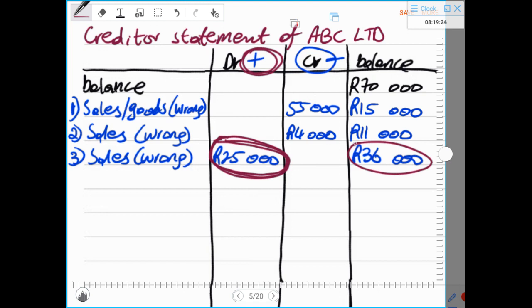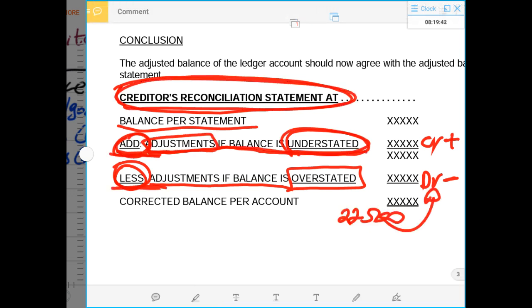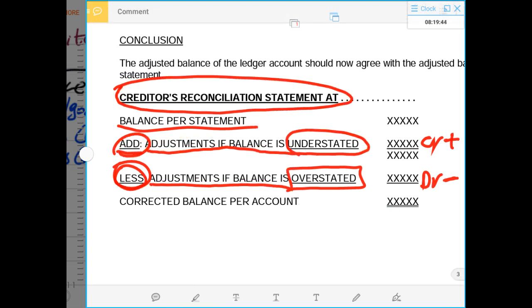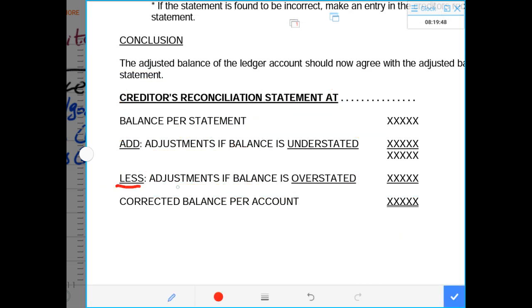And the minute the balance is overstated, there is a rule. The rule says if the balance is overstated, we less the adjustment. So in this case, 22,500 will be recorded on the debit side of the creditors reconciliation statement. Now I hope this is sinking in bit by bit. We have to less an adjustment if the balance is overstated.